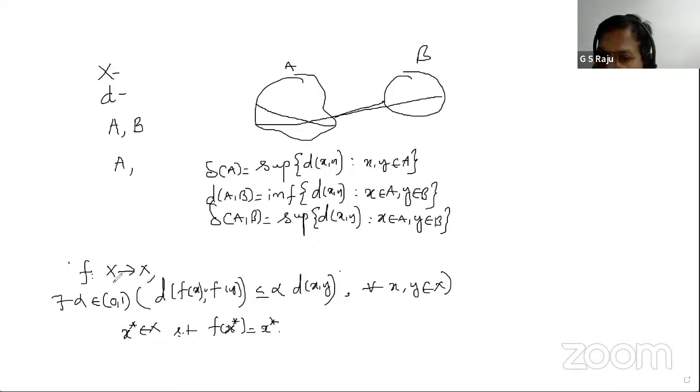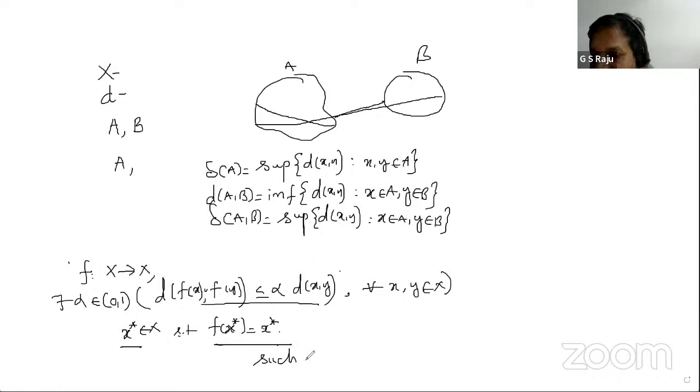If we consider X to be a complete metric space, and f is a contraction on X, then we will have an x star satisfying this property, and such a point which satisfies that property we call a fixed point of f.